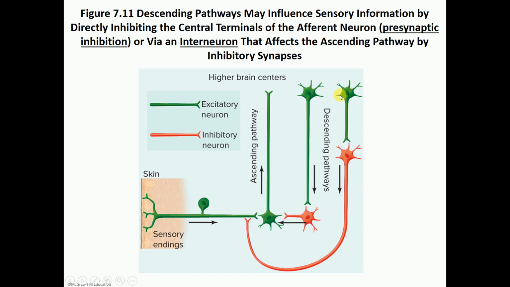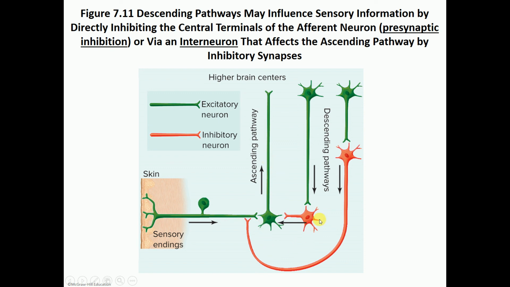Now we have these descending pathways. Descending means motor pathways. So they're both descending in the spinal cord from higher brain centers down. These red ones are interneurons. You see them connecting the motor to the sensory, and again, they are exclusively within the CNS.